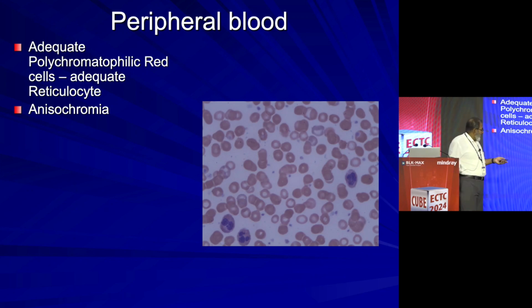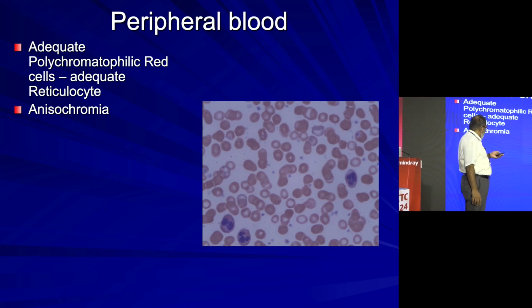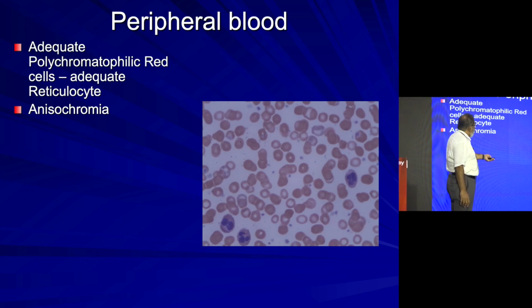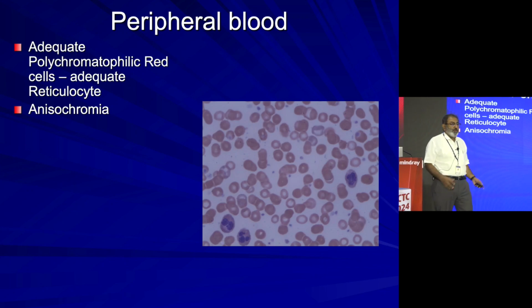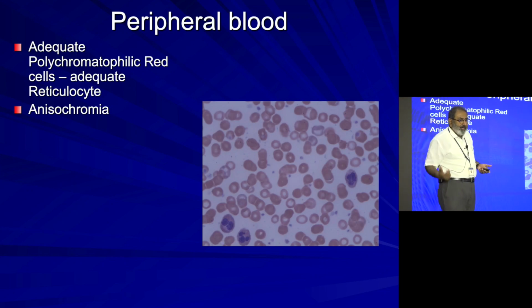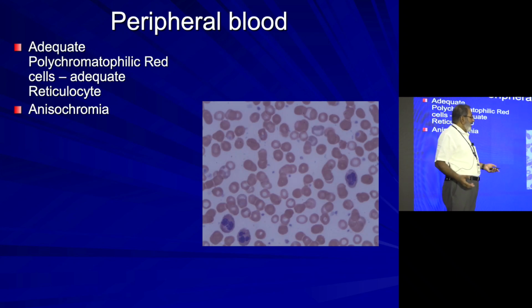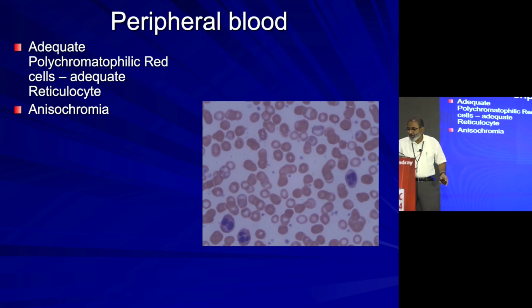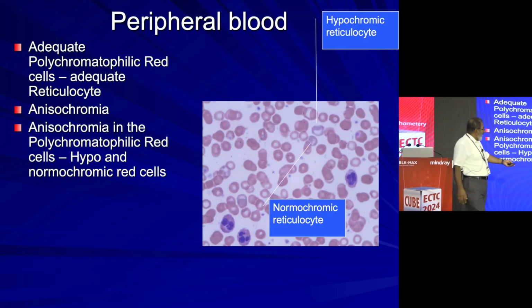Whenever you look at a peripheral smear of a patient with anemia, the first thing you see is whether there are polychromatophilic red cells, to show that erythropoietin is acting, whether they are on external erythropoietin or their own, especially in renal disease. Then you see whether the erythropoietin has adequate iron or not.